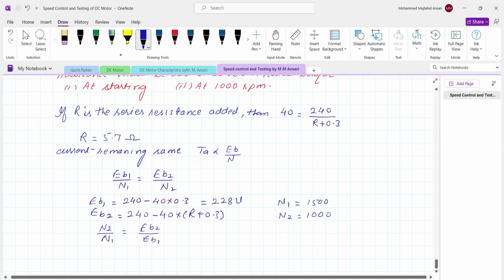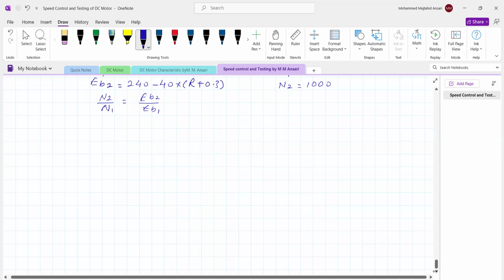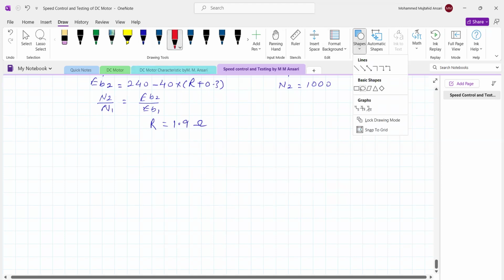Put the values. First calculate the value of EB2, and from this EB2 we can calculate the resistance R. So here the resistance R is 1.9 ohm. So this is the answer.